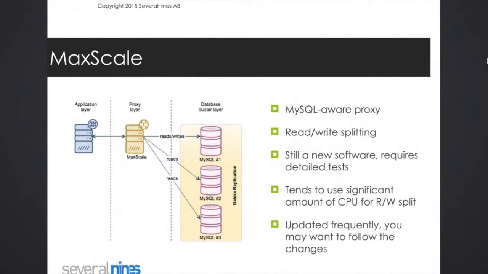What's nice with MaxScale is that it provides read-write splitting. As we discussed earlier, for HAProxy you need to have two backends, one for reads and one for writes.